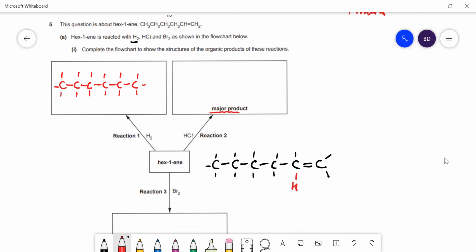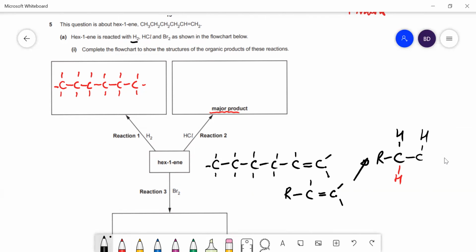Right, the hydrogen could stick onto the first carbon. That means you would have a carbocation there, and that would of course be a primary carbocation.